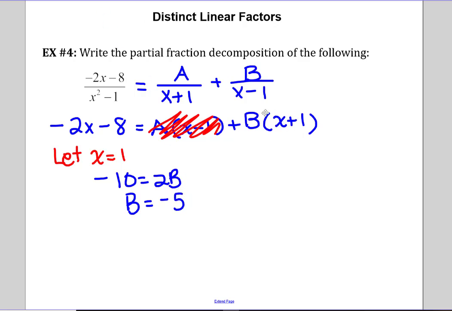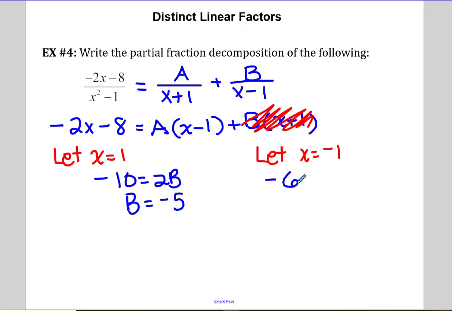And then if we let x be negative 1, then this term would disappear and give us a 0. And on the left-hand side, we would have positive 2 minus 8. So that would be negative 6. And on the right-hand side, that would give us negative 2a. So positive a is 3.